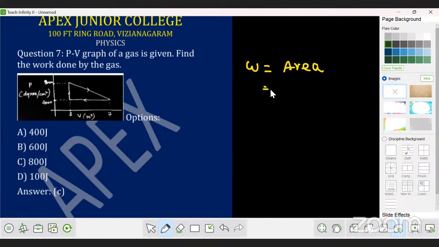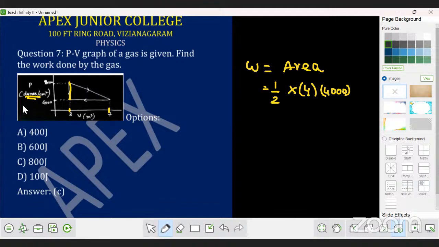What is the area of triangle? Half into base into height only, na? Half into what is the base? It started from 3 and ends at 7. That will be 4. Base is 4. What is the height from here to here? 4,000 to 8,000 is given. The difference is 4,000. But of course, it is given in terms of dyne per centimeter square.